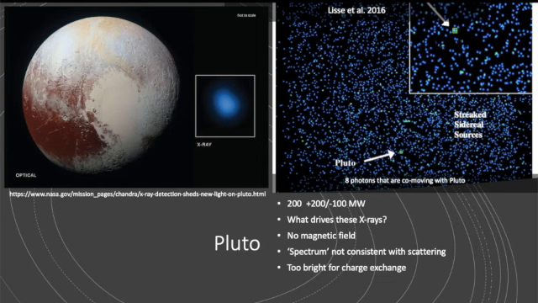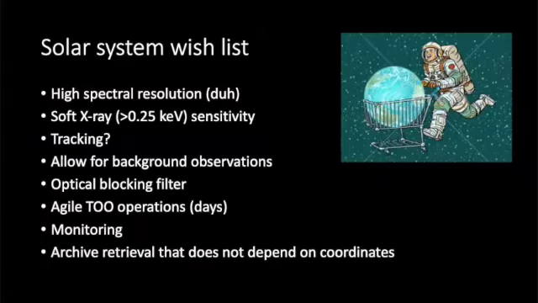The spectrum, if you can call it that, with only 8 photons, is not consistent with solar X-ray scattering, and it's way too bright for charge exchange. This is an open question, and if you think you have the answer, we're very happy to hear it. Or perhaps you are now so enthusiastic about it that you would like to provide us with an X-ray instrument; that would make us very happy.